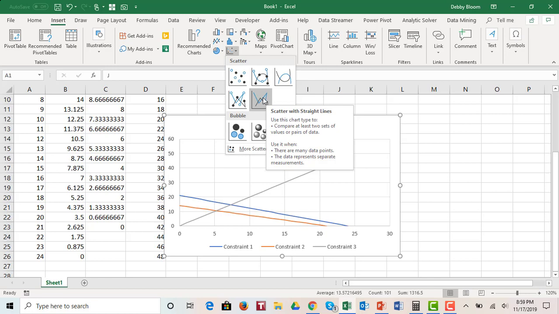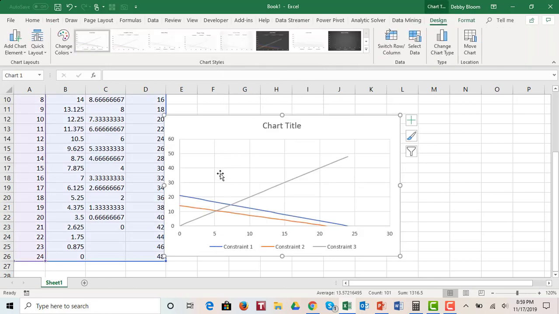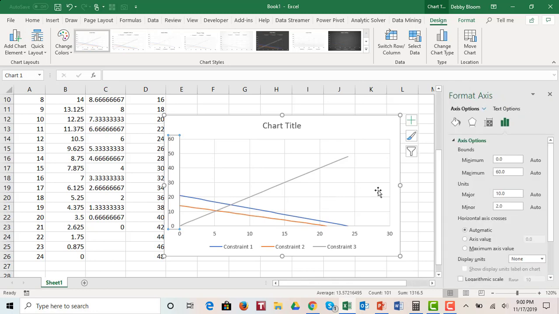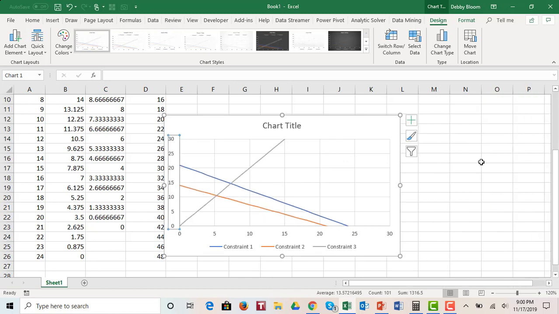So we'll choose the one with straight lines, and I actually want you to see what I'm doing. So just like the book, I'm going to cut off the vertical axis at 30. So I'm going to click the vertical axis, right click, choose Format Axis, and have my maximum at 30 instead of 60. So close that, and now we can see our chart a little bit better.